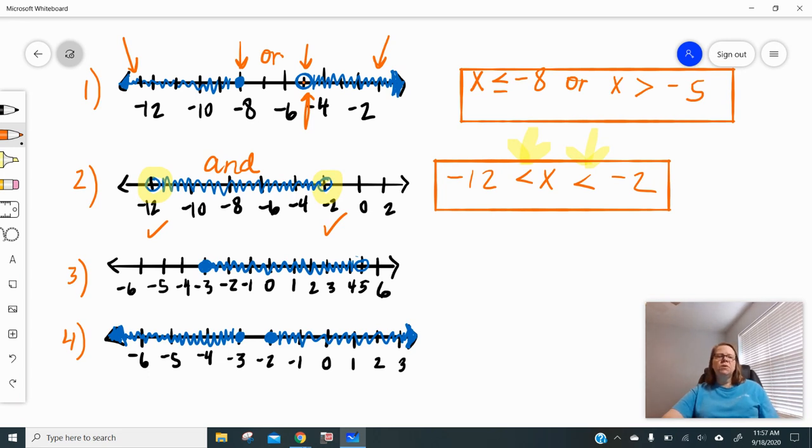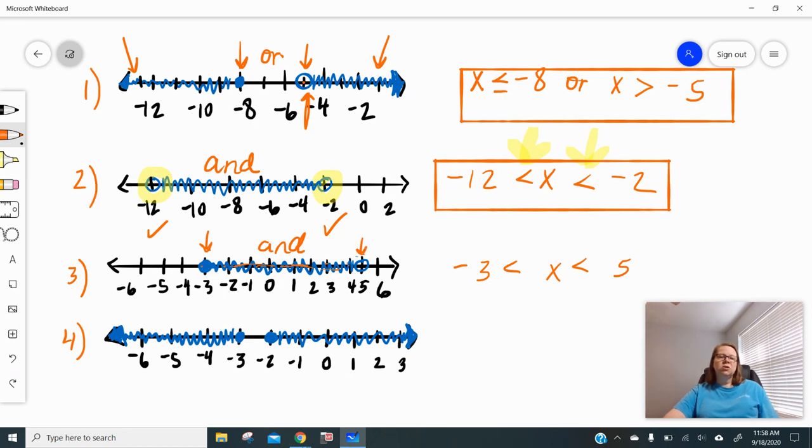All right, so number 3 is another and problem because all the markings or shading are in here in between. So x has to be bigger than something and less than something else in order for all those solutions to be in the middle. So I've got -3, and I've got x, and I've got 5. And I just told you that those will be less thans. And then I just have to decide, okay, is it open or closed?